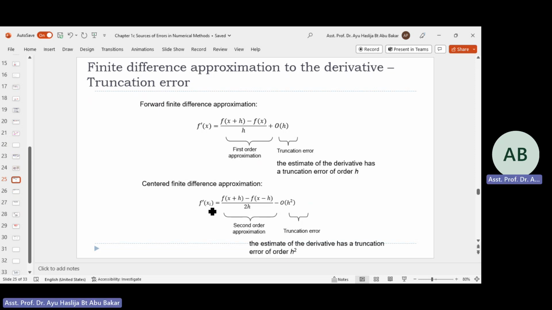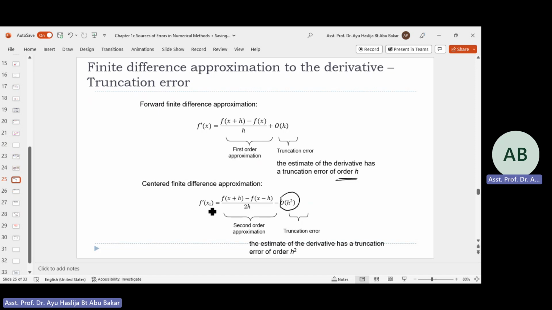Now for the forward finite difference, this is the full equation, where this is f(x plus h) minus f(x), the previous one, plus the truncation error. This is for order h, and this one if you have order h squared.